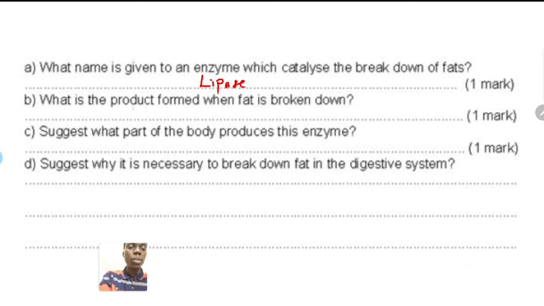Okay, the pancreas. That's what we call pancreatic lipase.